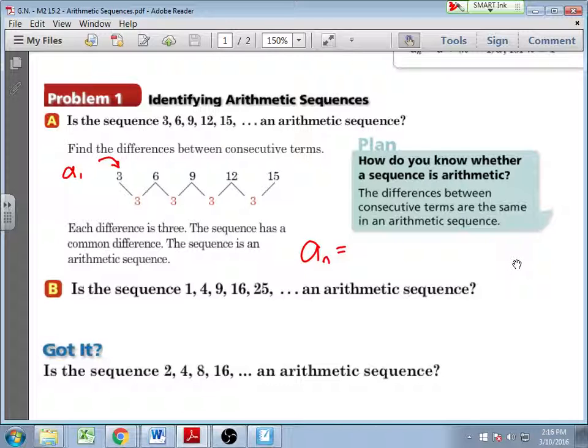So for the A sub n, we're going to start at 3 and add, Robert? We're going to add 3 every time, and that gets multiplied by n minus 1, because the second term will have only added 3 once. So that's why this is n minus 1.